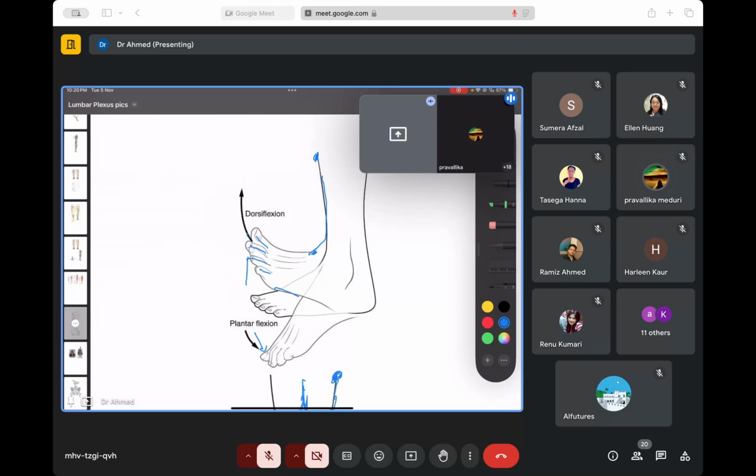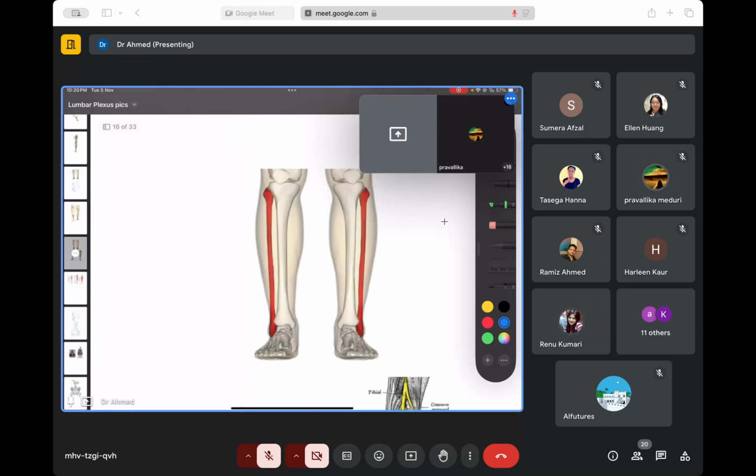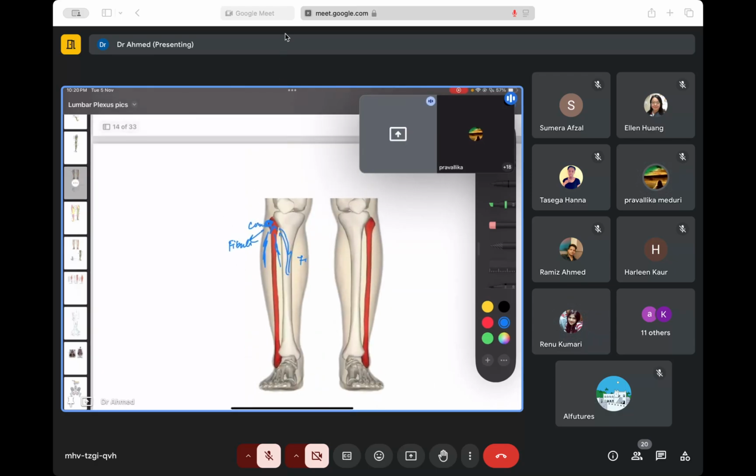Let me repeat it again. Your sciatic nerve is divided into two branches: your common peroneal and your tibial branch. The common peroneal is further divided into two branches: your superficial fibular and your deep fibular.